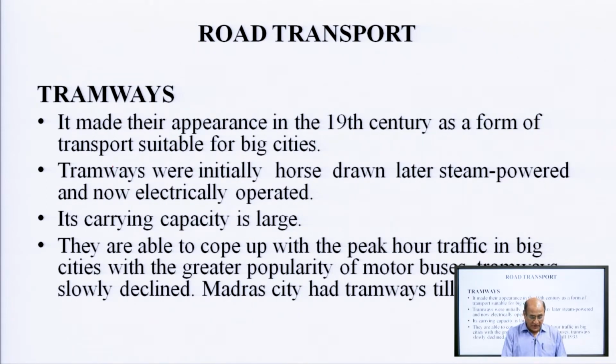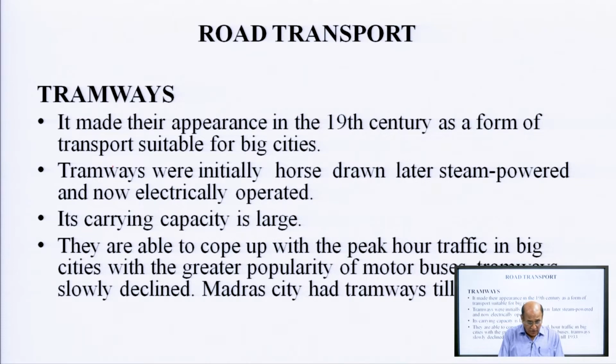Then tramway, it made its appearance in 19th century as a form of transport suitable for a big city. Tramways were initially horse driven, later steam powered and now electrically operated.